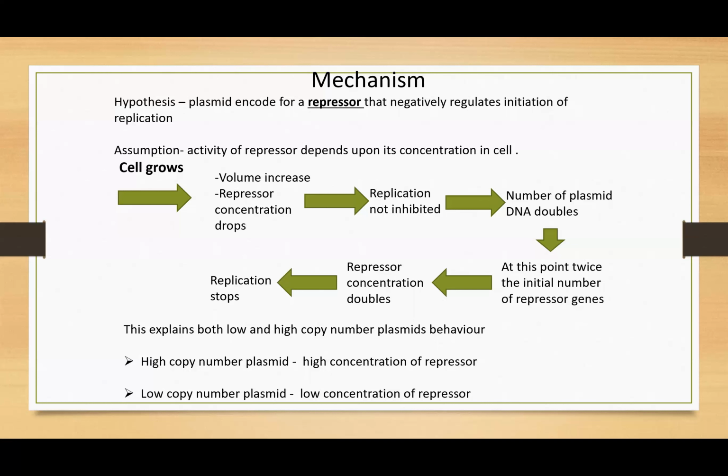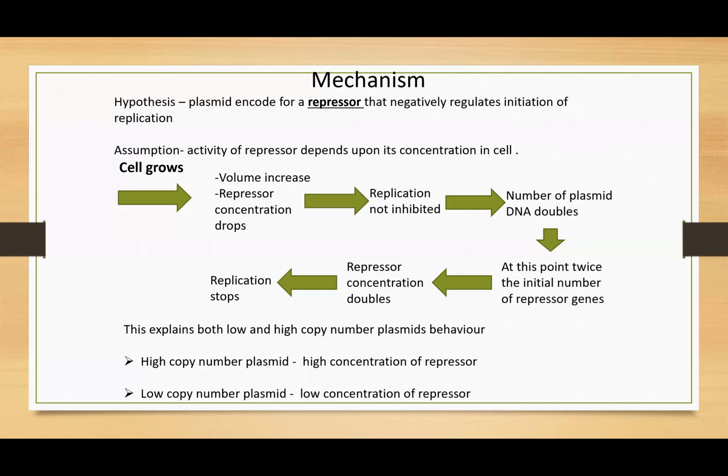Similarly, if it is a high copy number plasmid having 20 plasmids in the cell, the 20 plasmids are making repressor and keeping the plasmid replication in check. But when this cell prepares itself to divide, it increases in size, and the repressor concentration goes down, so that all 20 plasmids duplicate themselves, and they become 40.